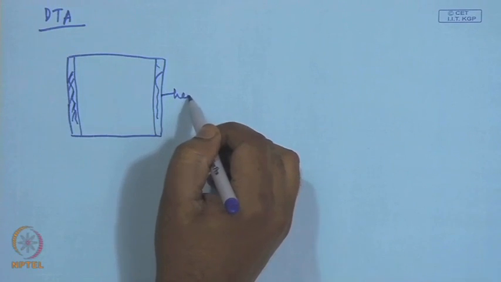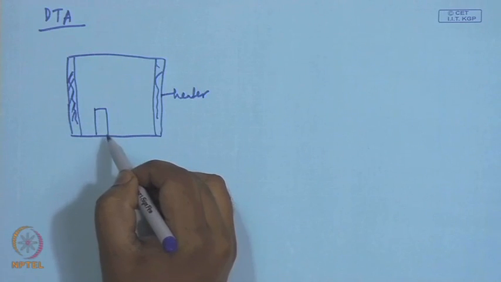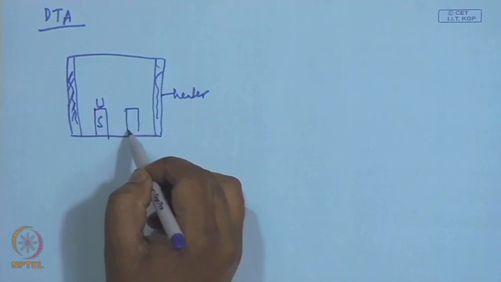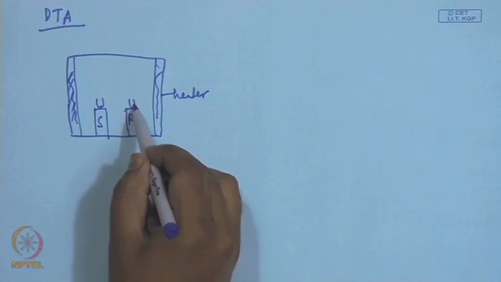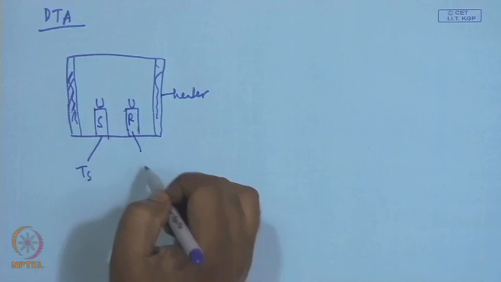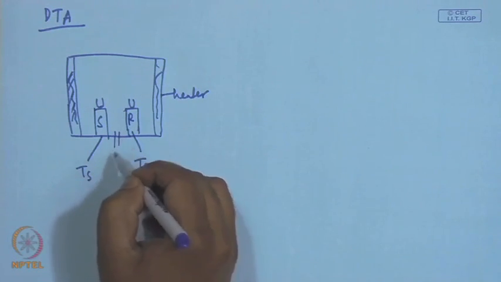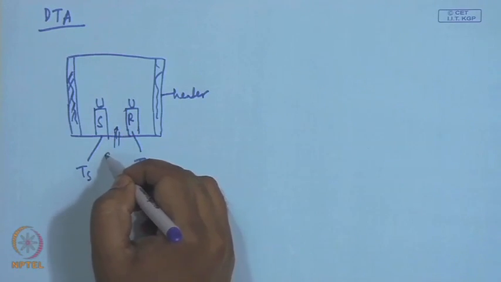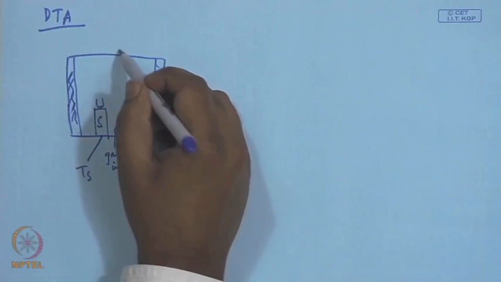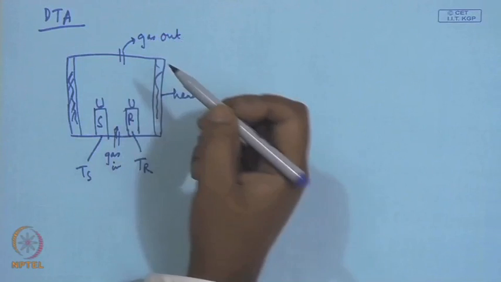This is a heater, and you have a sample, and again you have a reference. You have a thermocouple for the sample and a thermocouple for the reference. There is a place to put the gas inside, and there is also a gas outlet.